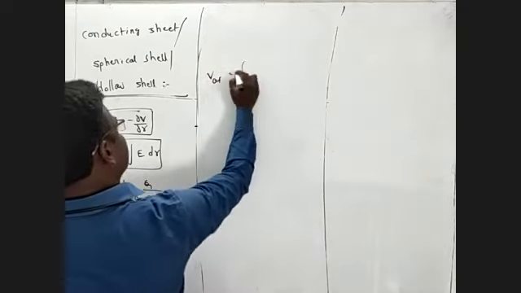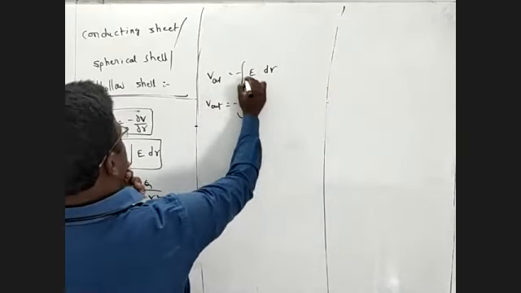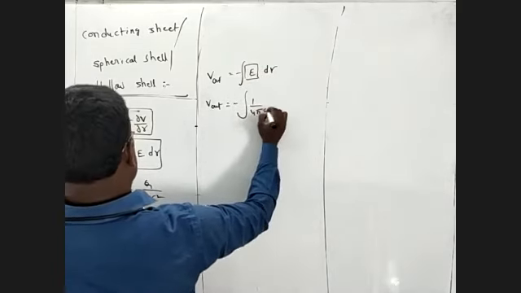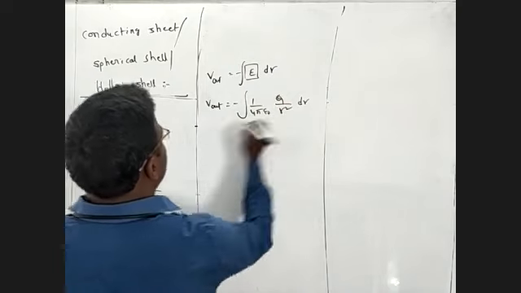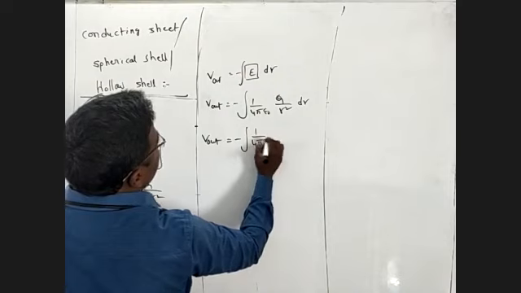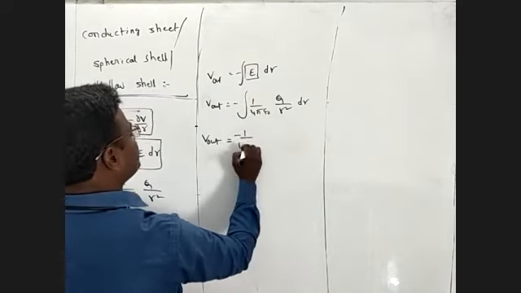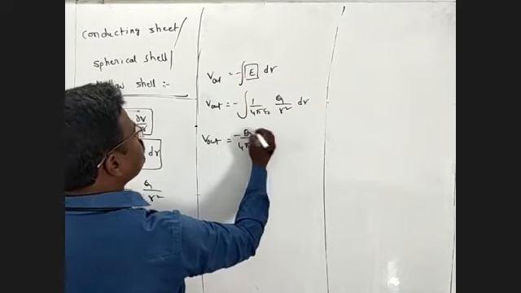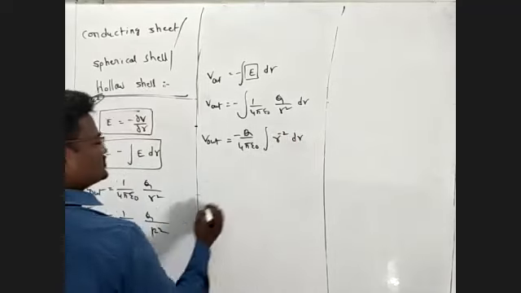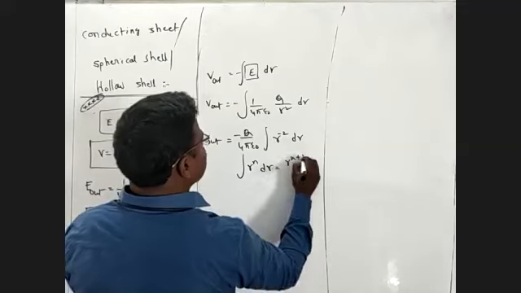We are going to calculate V using minus integral of E dr. So V out is equal to minus integration of 1 by 4 pi epsilon naught Q by r square dr. Take 1 by 4 pi epsilon naught Q common. The integration of r to the power n dr is equal to r to the power n plus 1 by n plus 1.